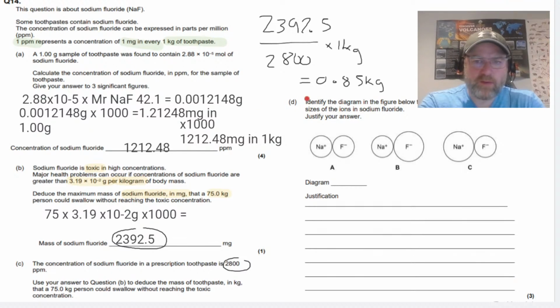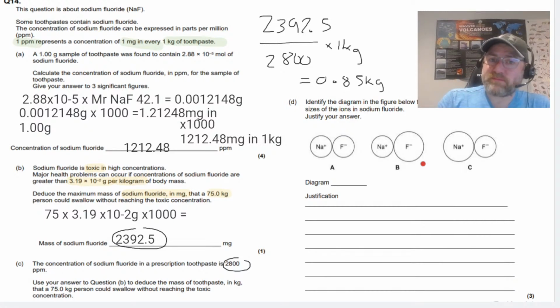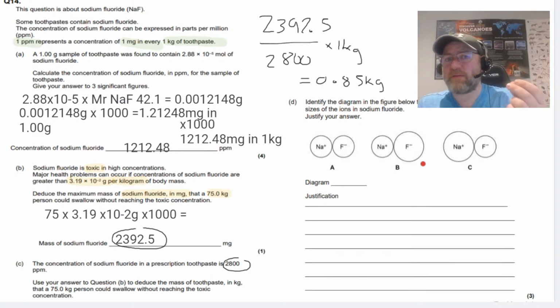Now for this final question, identify the diagram in the figure below that shows the correct relative size of the ions. This is totally not to do with what I've been doing with these calculations, but never mind. Okay, so sodium fluoride, the ions. Which ones are bigger than what? When you're thinking about sizes of ions, you need to know about the nuclear charge. How many protons? Sodium has 11 protons in the nucleus, so a bigger nuclear charge than fluorine, which has 9 protons.